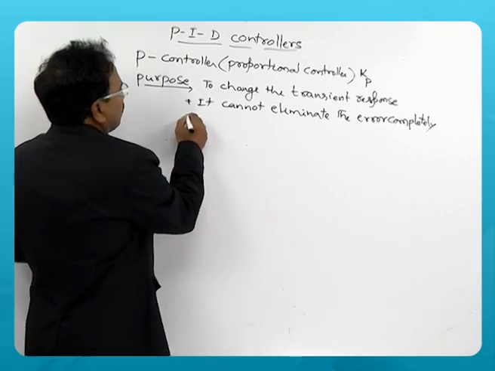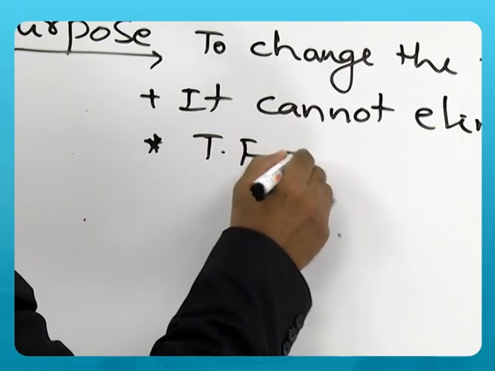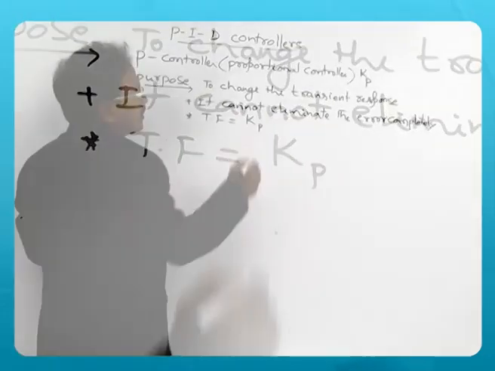The transfer function of this controller is represented by Kp.